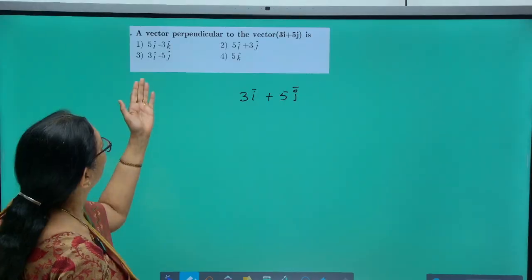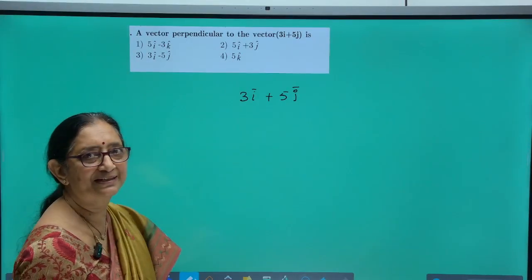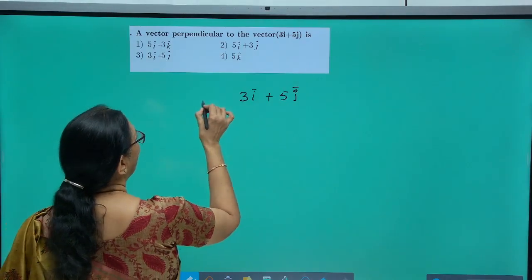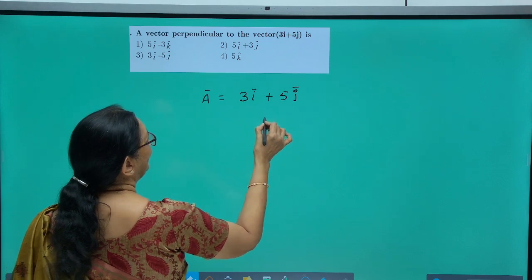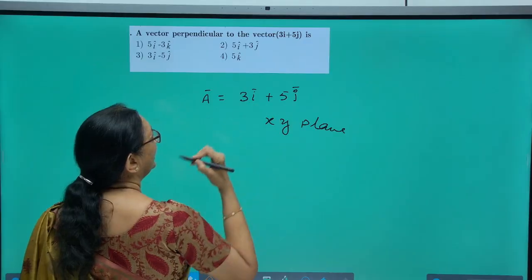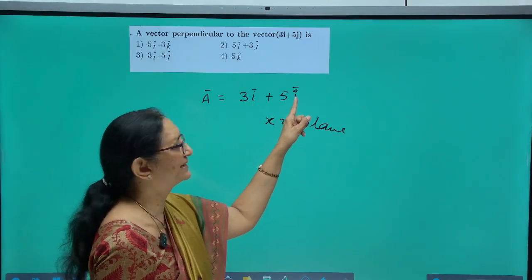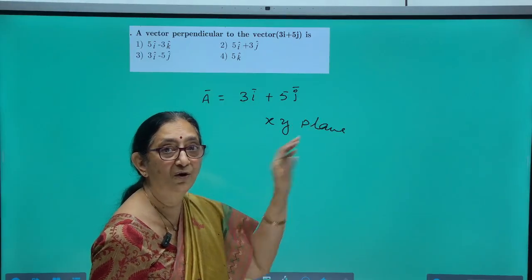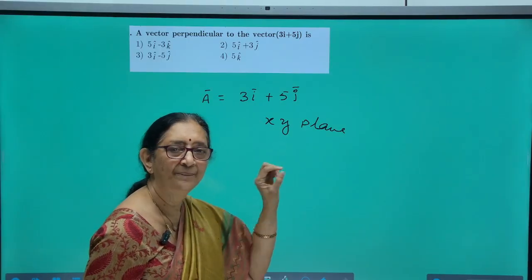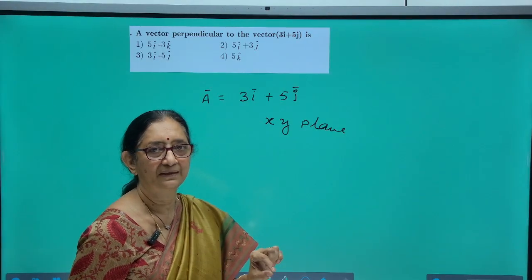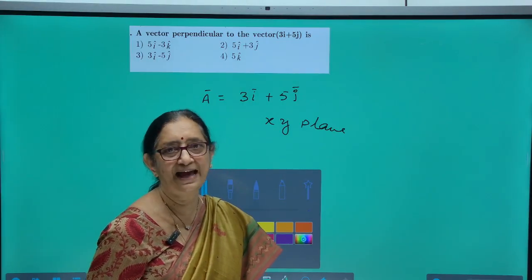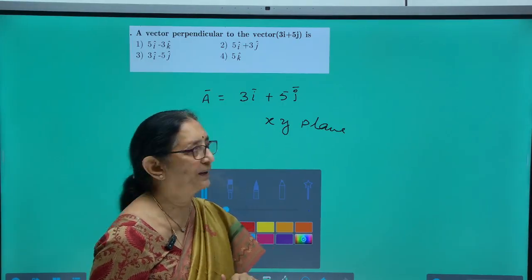See here, just by looking at the options, can you answer? It's very simple. The given vector, say A bar, is in xy plane because it has only component along x axis and y axis. It has no component along z axis. That means that vector lies in xy plane. So, very obviously z axis is perpendicular to xy plane.